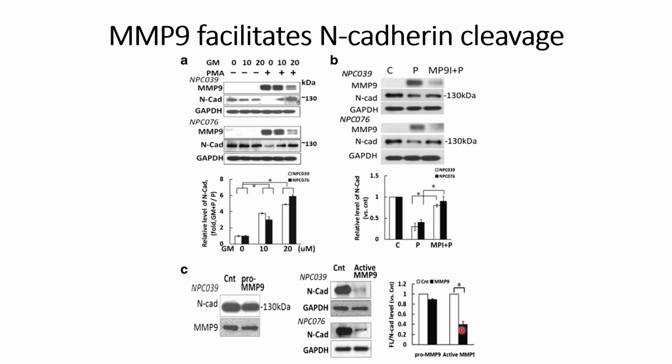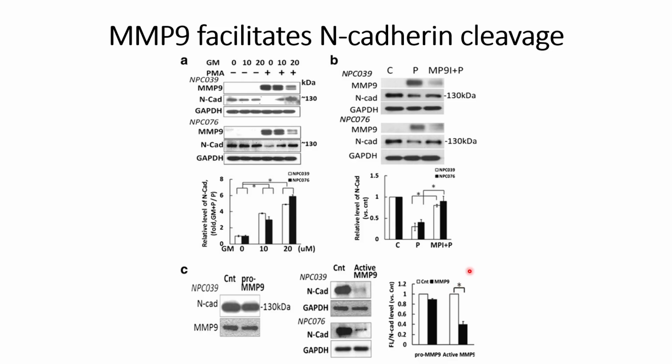However, when they use the active MMP9 and compare its signals with the control for the relative level of intact N-Cadherin, the intact N-Cadherin signal goes down significantly compared to the control case, where they don't treat the cells with any MMP9 or active MMP9.